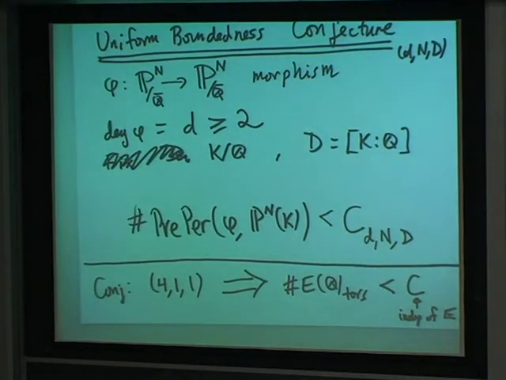And one could turn it around and use Mazur's theorem to prove a uniform bound for the number of preperiodic points for a family of maps related to elliptic curves, but that's kind of cheating.